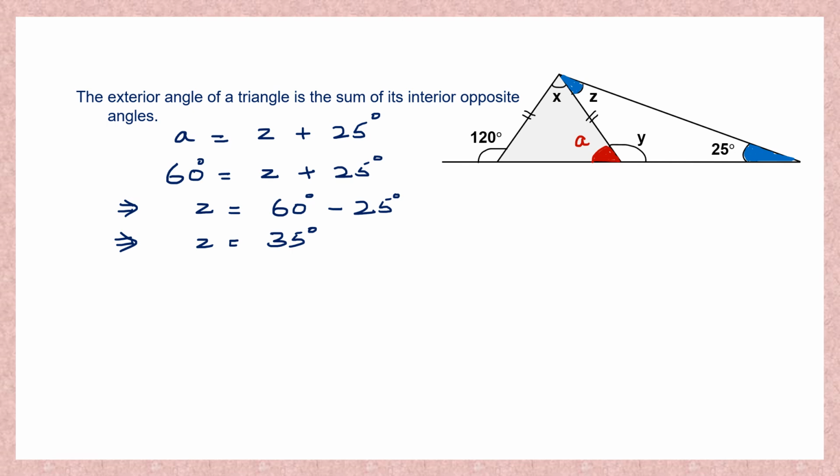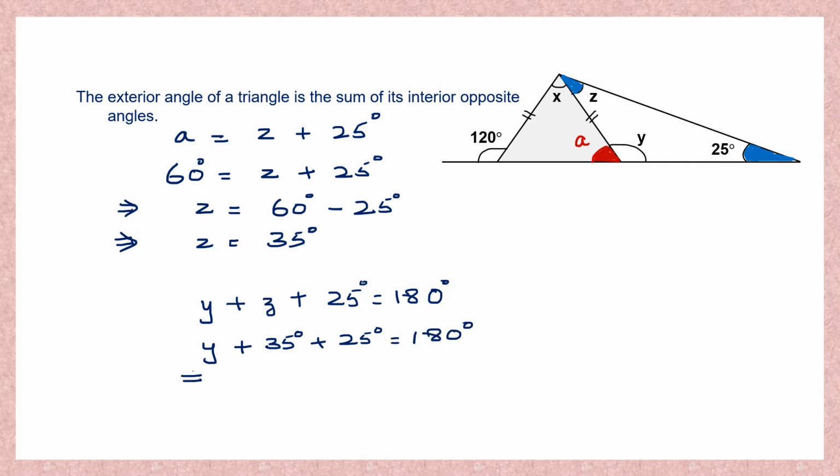Now let's use the property of the sum of interior angles of a triangle. That means to find angle y, y plus z plus 25 degrees is equal to 180 degrees because they are all angles of a triangle. So to find y, let's substitute z with the value we found, 35 degrees, plus 25 degrees is equal to 180 degrees.